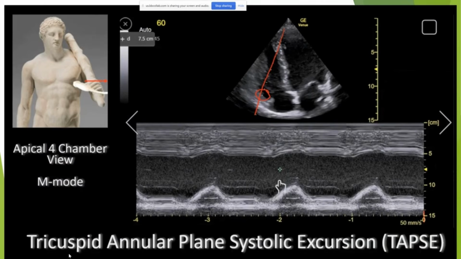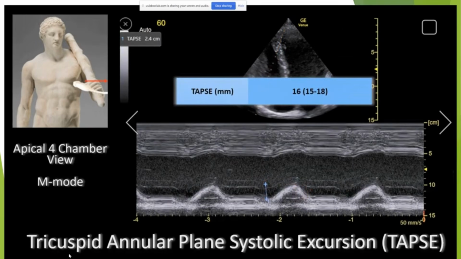And you want to measure the amount of longitudinal motion of the annulus at peak systole. So you place the cursor at your diastole, which is right there. You want to measure it to the peak of systole, which is right there. So what you're really interested in is the distance between systole and diastole, which is this.